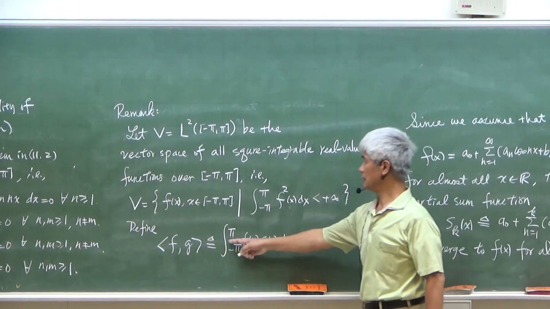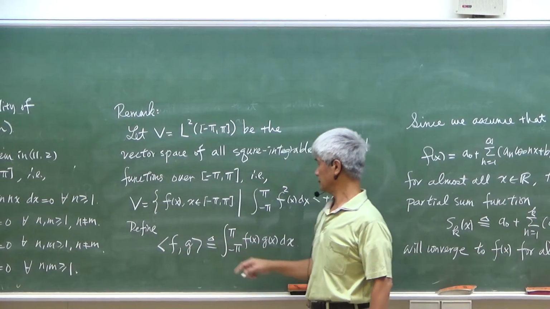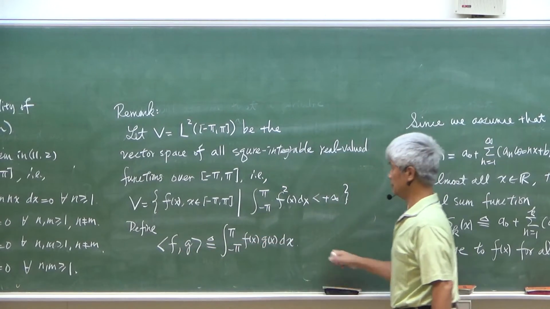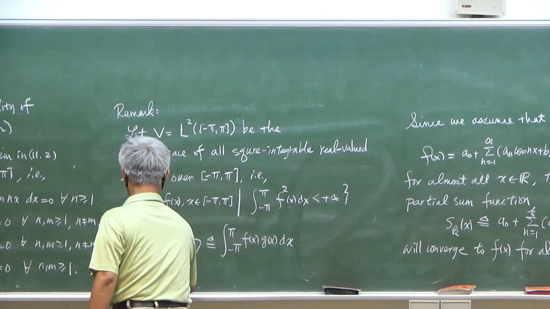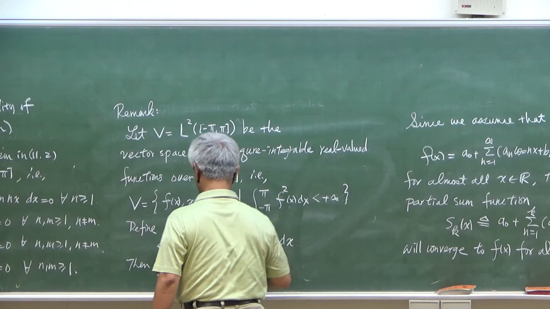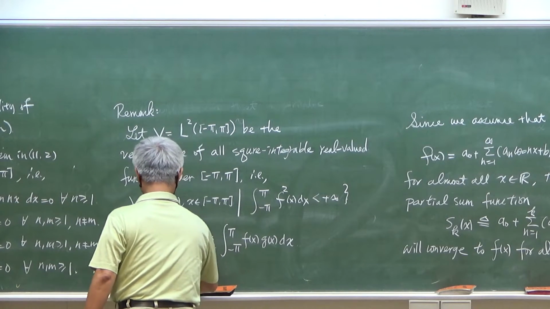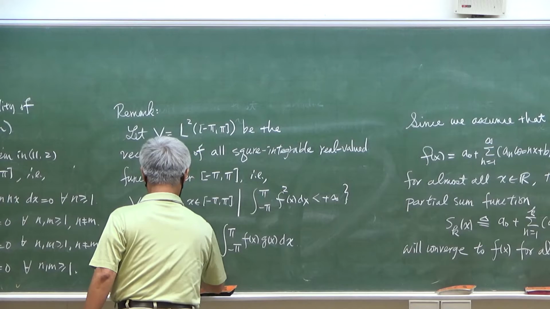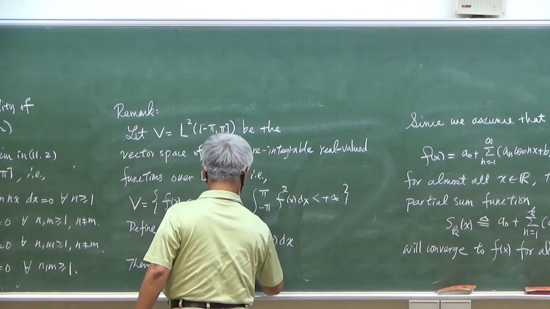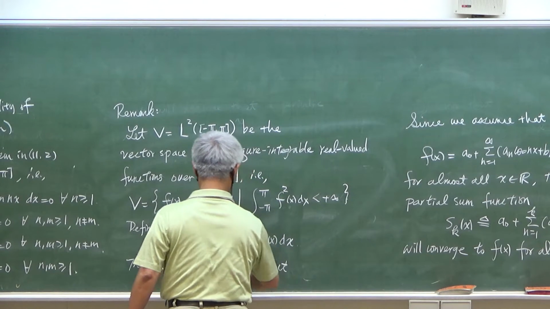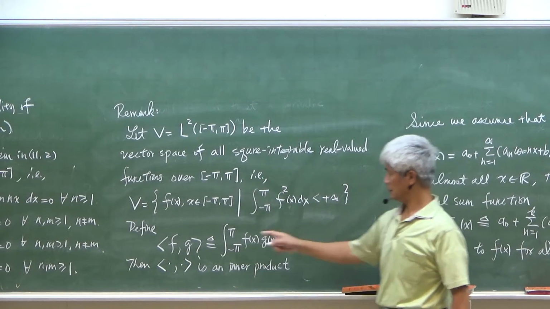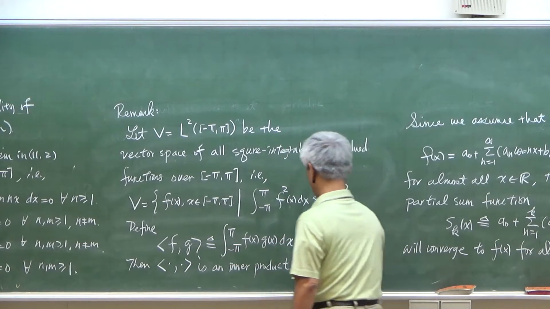So now we define the bracket of f and g like this one. Then this becomes an inner product.